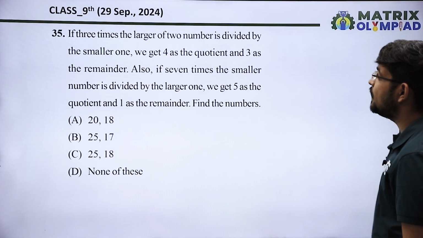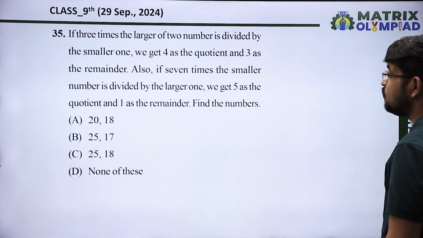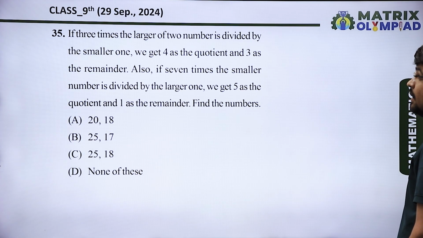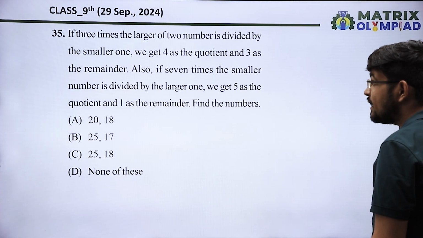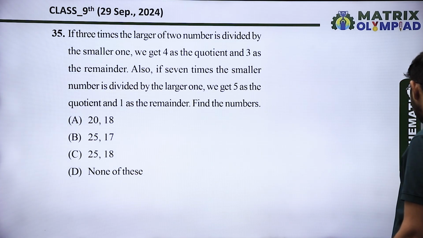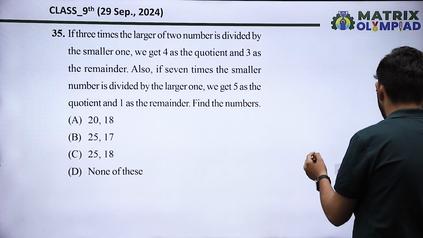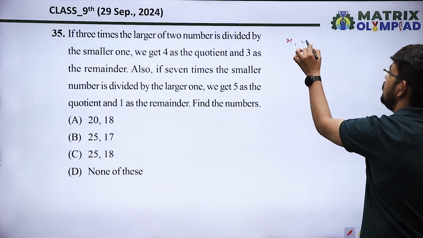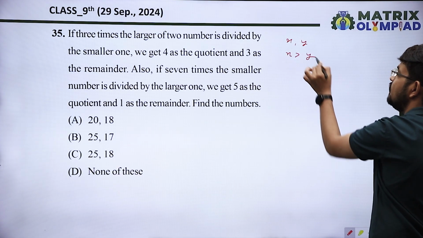Next, question number 35. If 3 times the larger of two numbers is divided by the smaller one, we get 4 as the quotient and 3 as the remainder. So just let the numbers be x comma y such that x is greater than y.